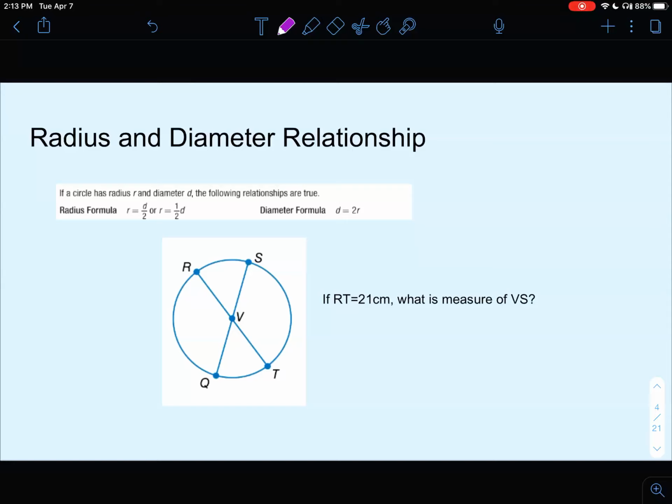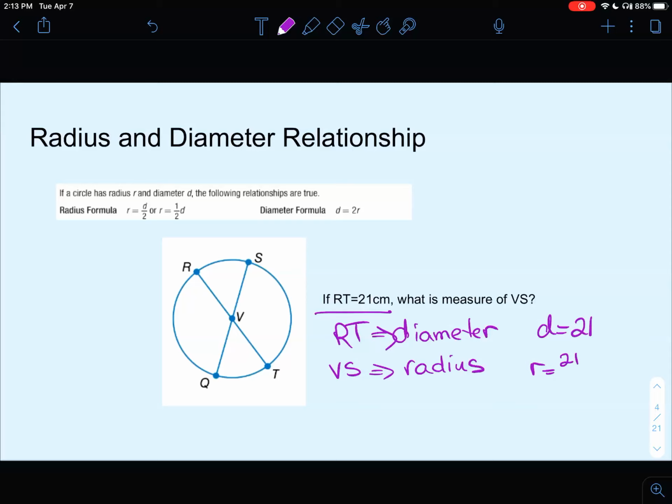So in this particular example, if RT is 21 centimeters, then VS would be half of that, because RT is a diameter, where VS is a radius. So if our diameter is 21, then our radius is going to be half of that 21 centimeters. All right, not too bad.